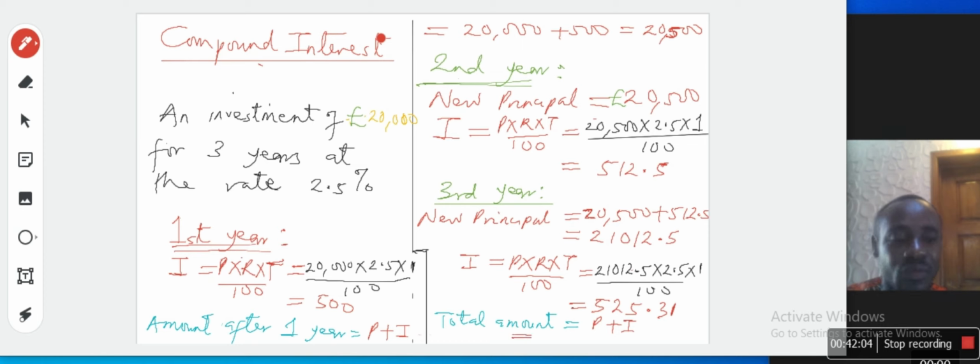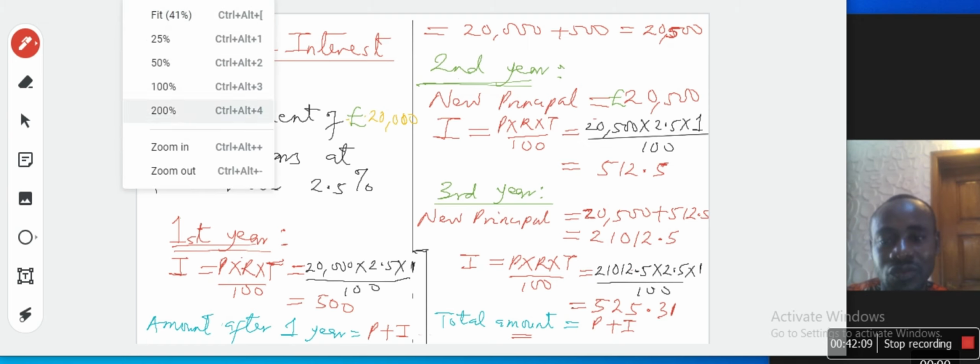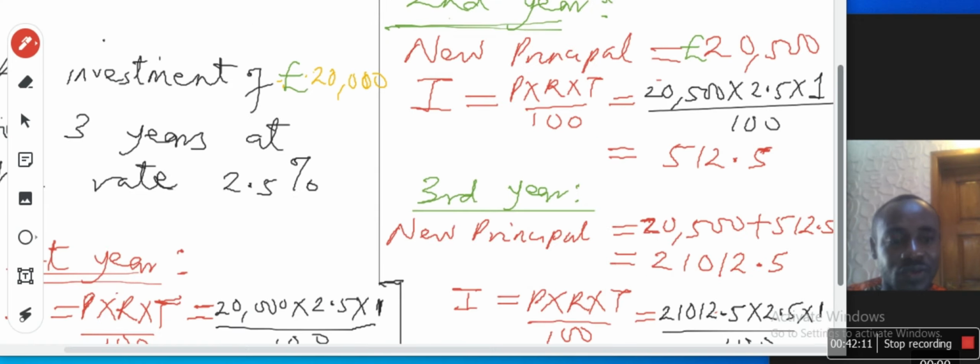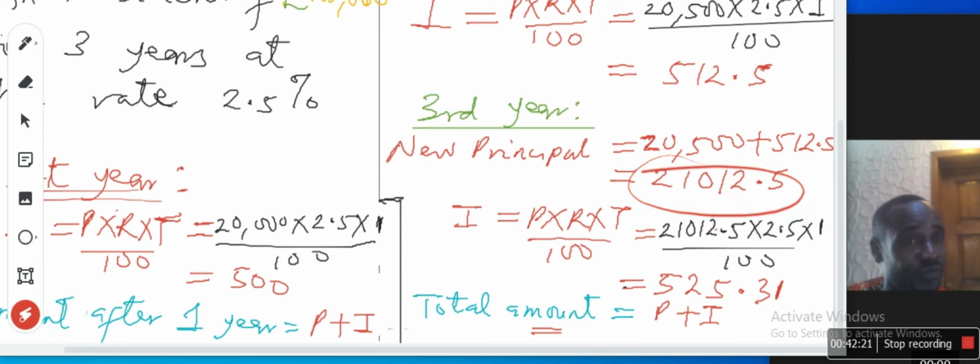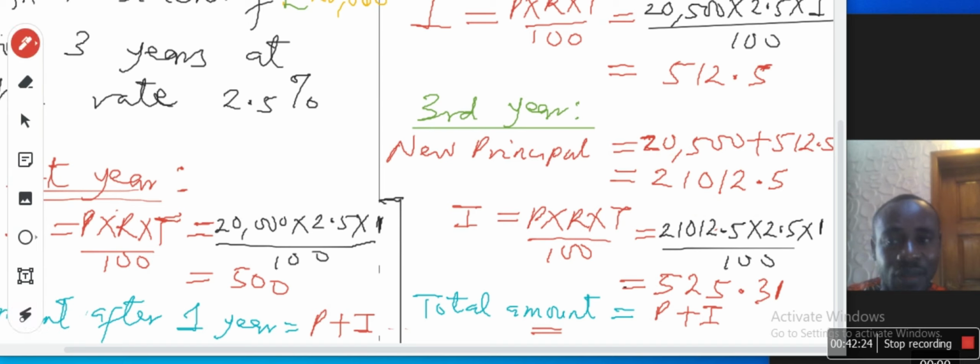I will run a quick summary of this. I need to zoom out a bit, zoom in a bit to capture it. So principal plus interest is what? What's the principal again? Remember the principal? 21,012.5, because that's the new principal you invested in that particular year. So that would be 21,012.5 plus this new interest he has made, 525.31. The total amount will now be what?